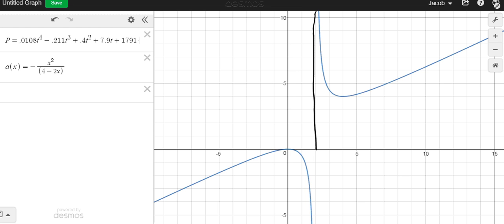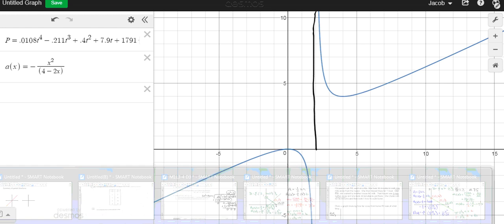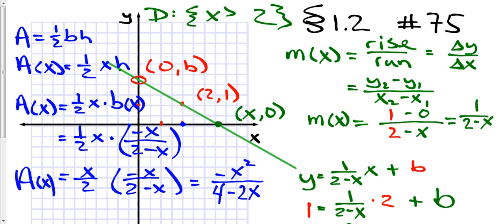Which should make sense to us. If this line is really close to 2, but just a little bit more, that triangle is going to be really tall. If it's really tall, it means it's going to have a lot of area. And the closer it gets to 2, the more that area is going to go up.